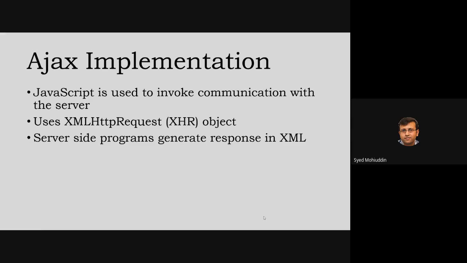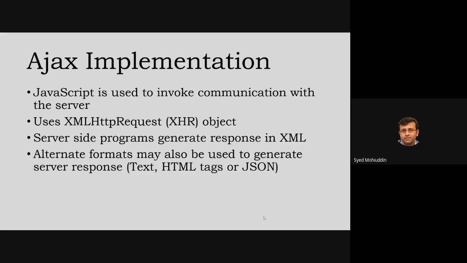That is why we need the XML part. But it's not only XML that can be used. A response can also be in plain text, in HTML, or in JSON format. So XML is not a hard and fast rule, but we have to use JavaScript as well as the XML HTTP request object.